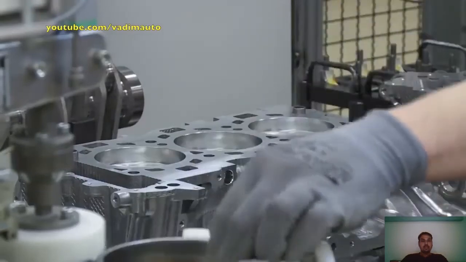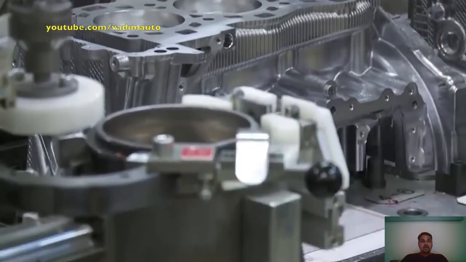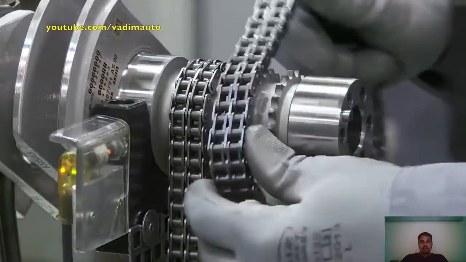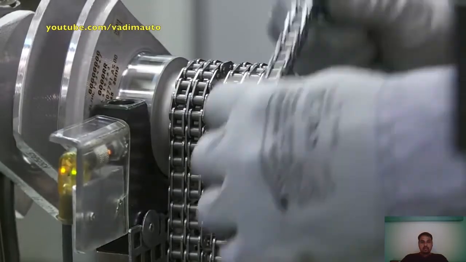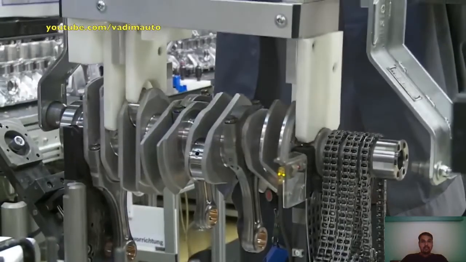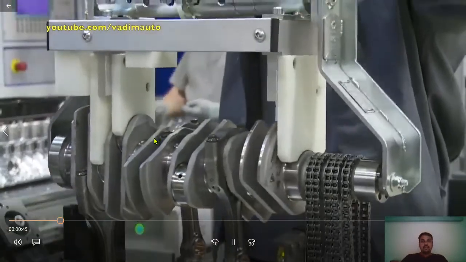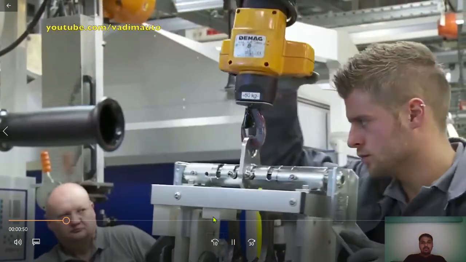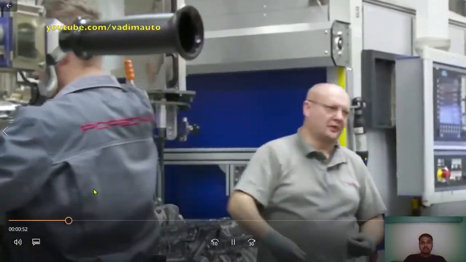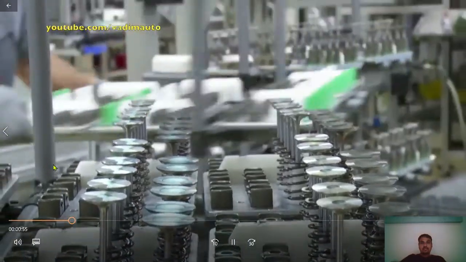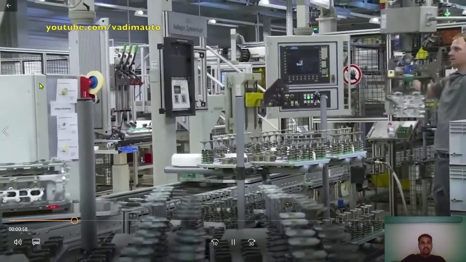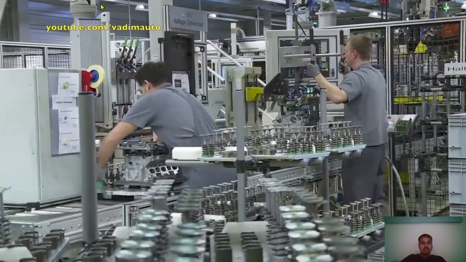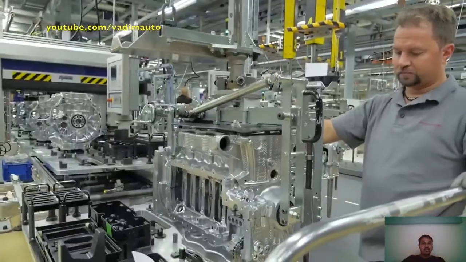One expert is assembling all these components. This is the camshaft. Yes, so if you observe clearly, the connecting rod, camshaft, the cylinder head, cylinders, everything is present over here.